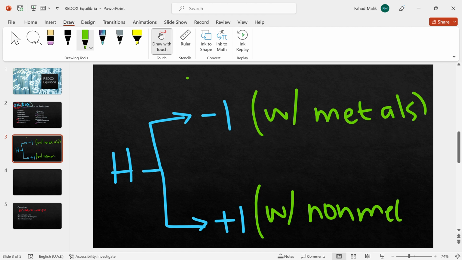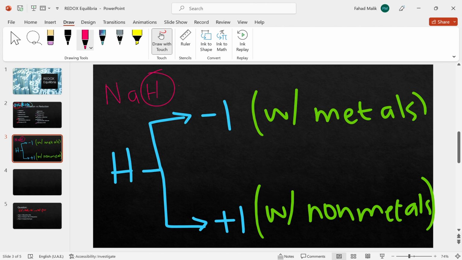I'll just give you examples to make it understandable for you. The example for the first is going to be sodium hydride. Here is hydrogen, right?